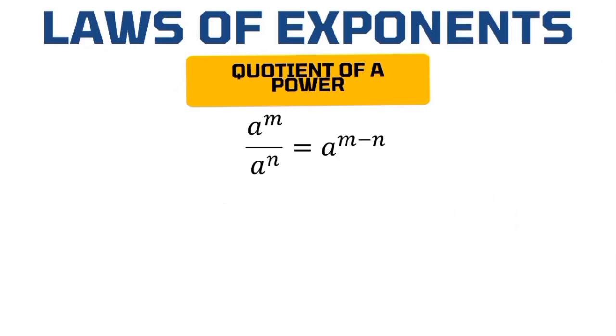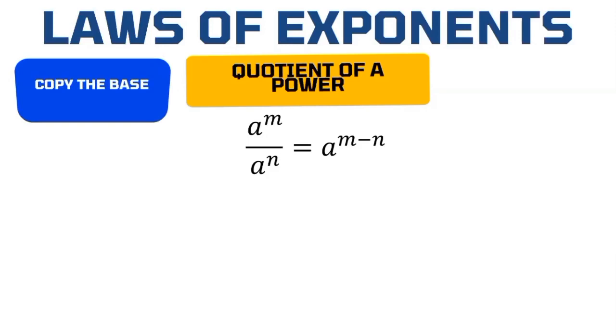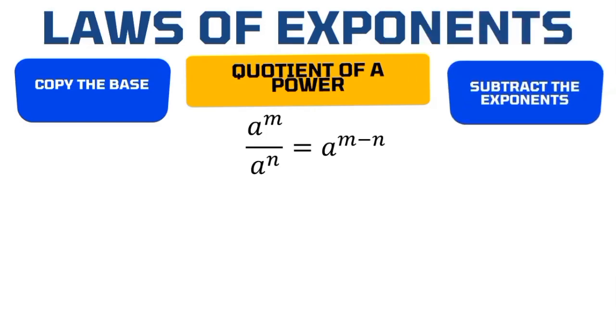This is almost similar to the power of a product, but the only difference is that you are now subtracting the exponents. So always remember that if you are working with the quotient of a power, you have to copy the base and subtract the exponents. Let's have our first example.